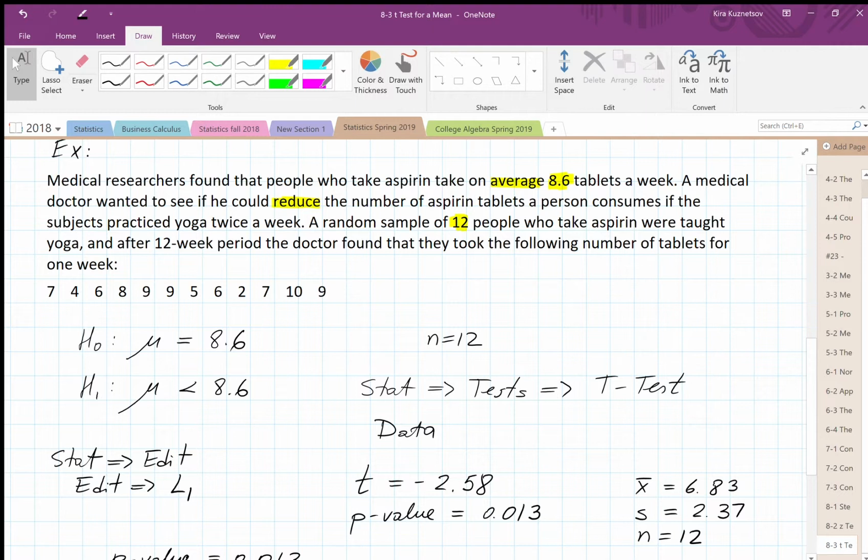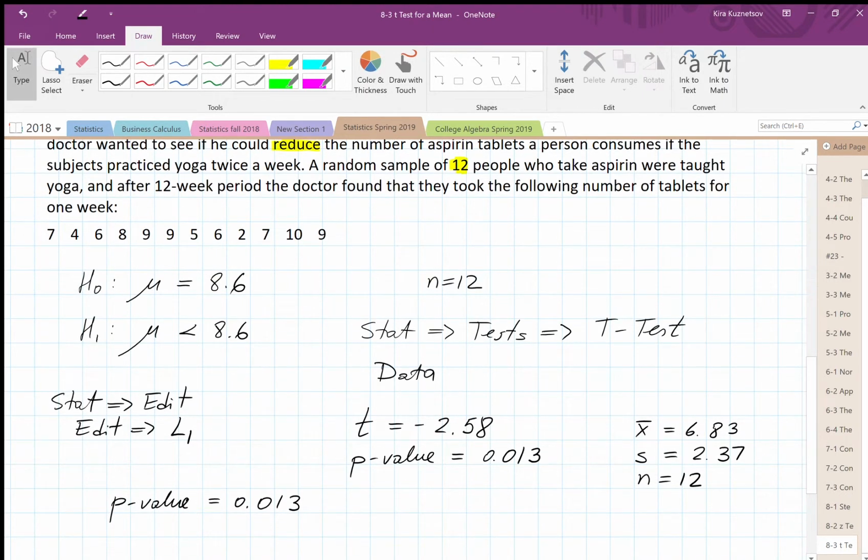Since they didn't give us the alpha for this particular example, you can either make one up, or we can take a closer look at the book, or you can use alpha 0.05 by default for all of them. So in this case, the alpha was given to you at 0.1. So notice 1.3% is certainly less than 0.1 alpha.